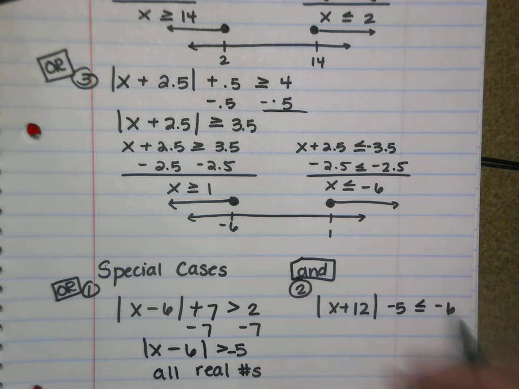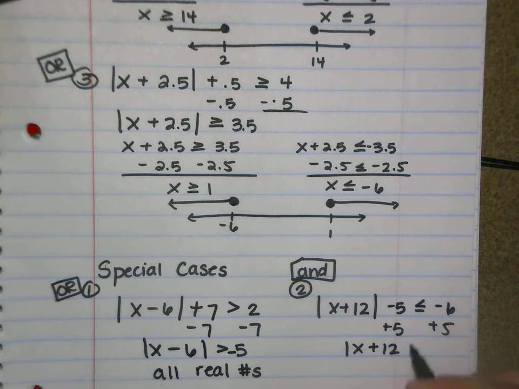We get the absolute value of x plus 12 is less than or equal to negative 1. Well, no matter what I do, this is a positive. It can't be less than or equal to a negative 1, right? Because it's always going to be positive, and anything less than a negative 1 is always going to be negative. So there's no way that can be true, so this is no solution.